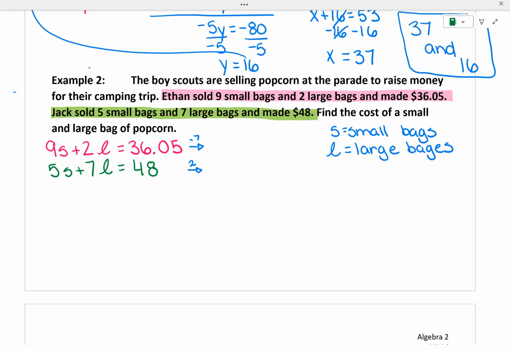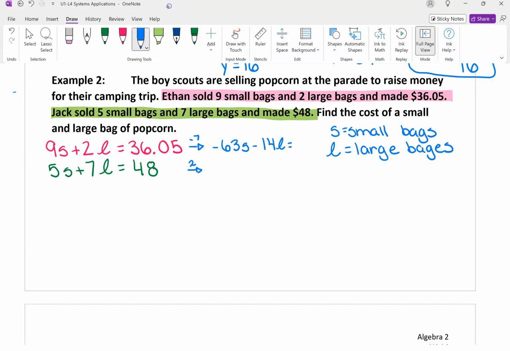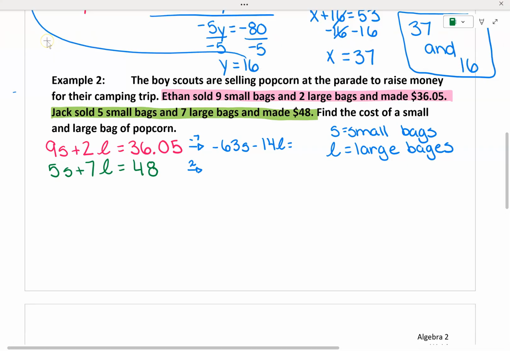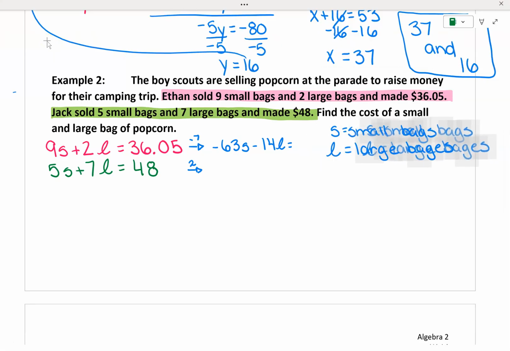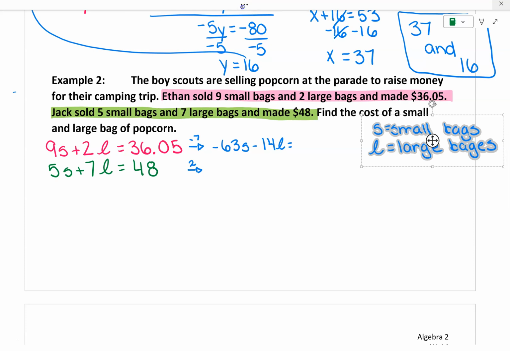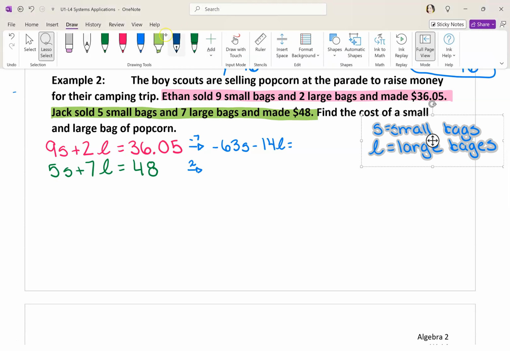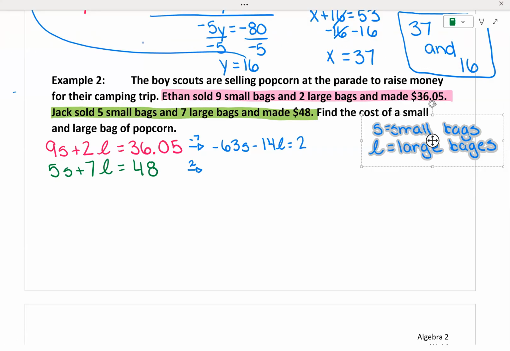So -7 times the top gives me a -63S minus 14L equals -252.35, and then everything doubled on the bottom would give us 10S plus 14L equals 96.